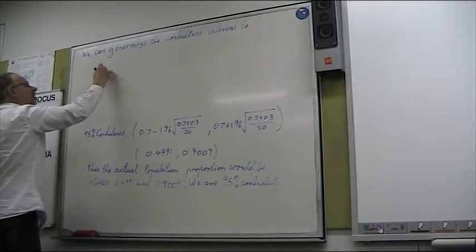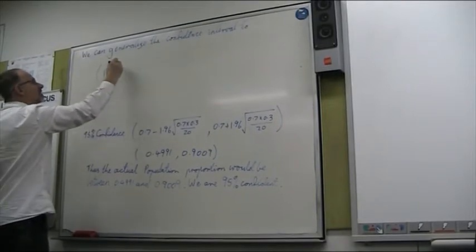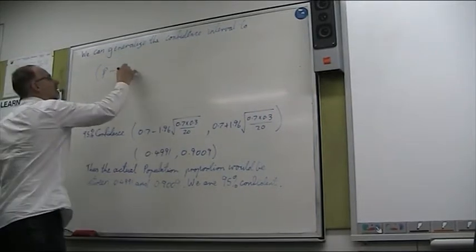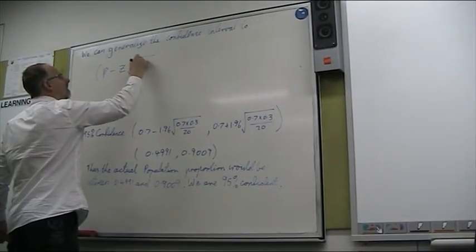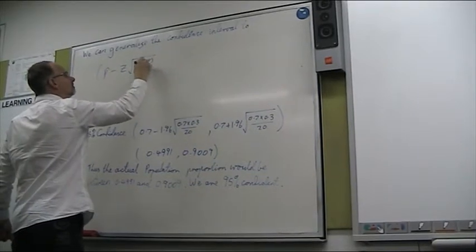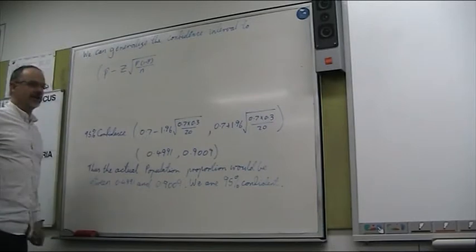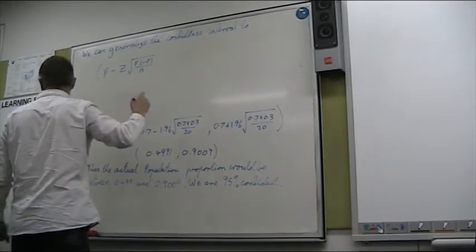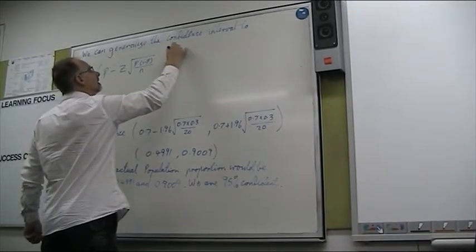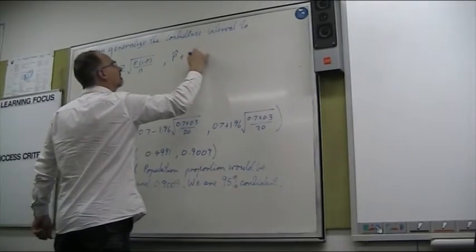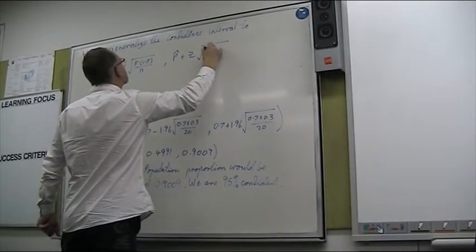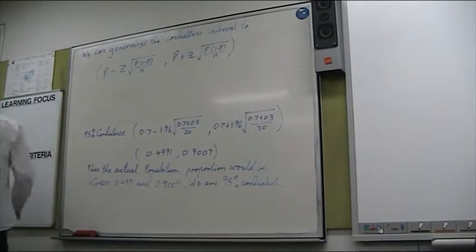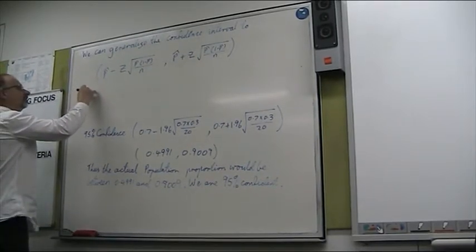All right, so the bottom end is our sample proportion minus some number, Z. I'll get to what the Z is in a minute, times the standard deviation of our sample. The bigger this number here will be, the smaller that standard deviation would be. And plus Z. So this Z comes from our standard normal.